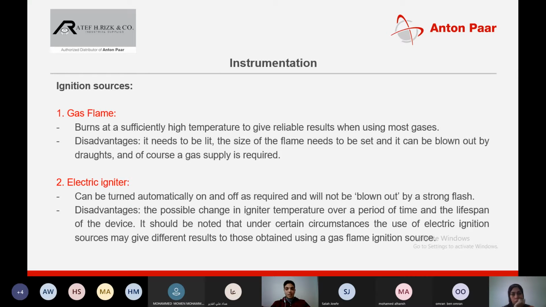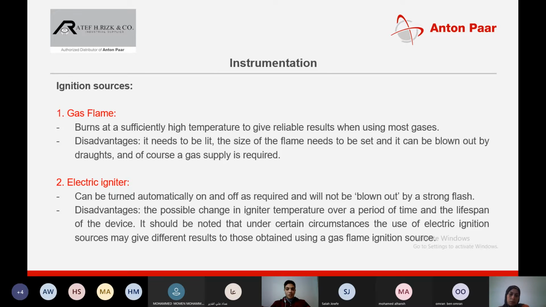This is why the best way to choose the appropriate method for flash point testing is to conform to the standard method that is appropriate for this kind of sample. And let's talk about the instrumentation part, beginning with the ignition sources.